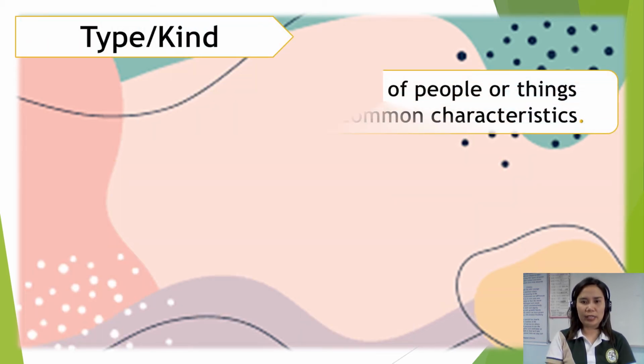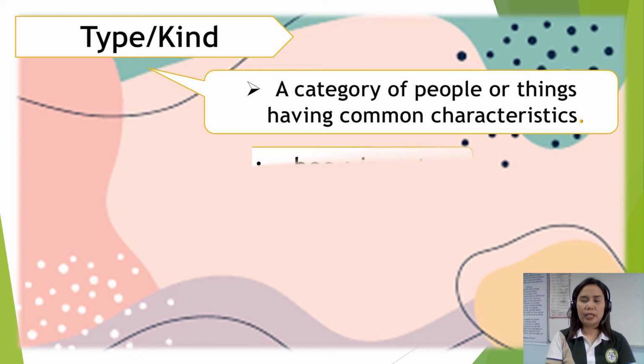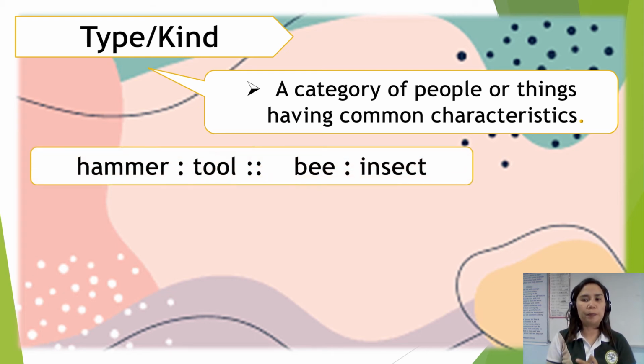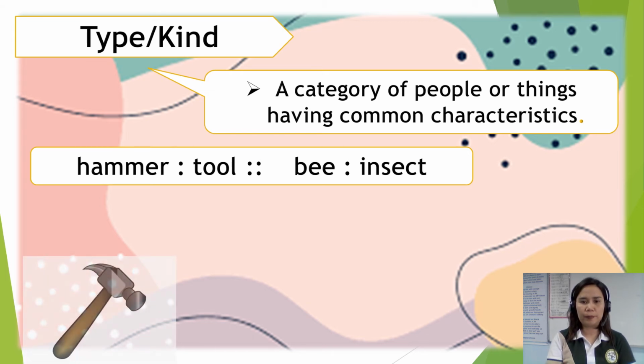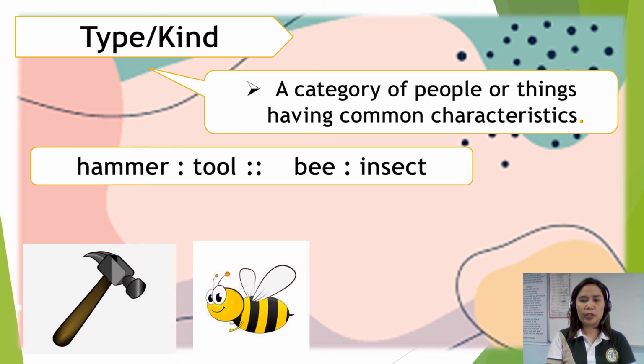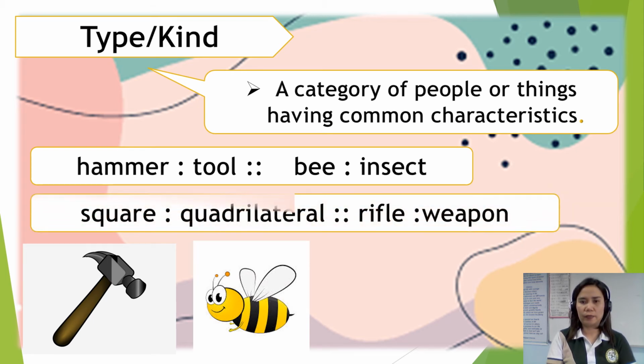Next we have the type or kind. It is a category of people or things having common characteristics. Let's have some examples. First, we have the hammer is the tool and bee is the insect. So, a hammer is a type of tool, while a bee is a type of insect.